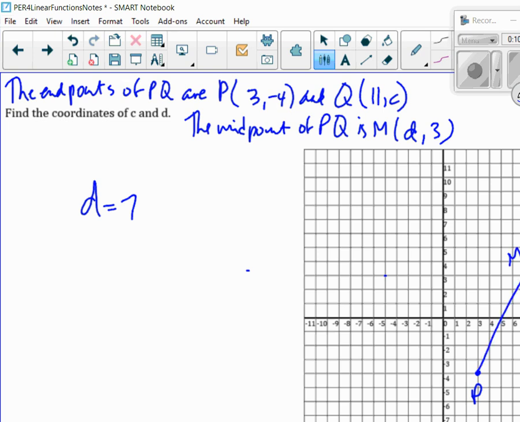Okay, so now I know it has to intersect somewhere at 11. So how am I going to figure out what C is? Extrapolate the line. Well, if you know the midpoint, can you not go backwards?